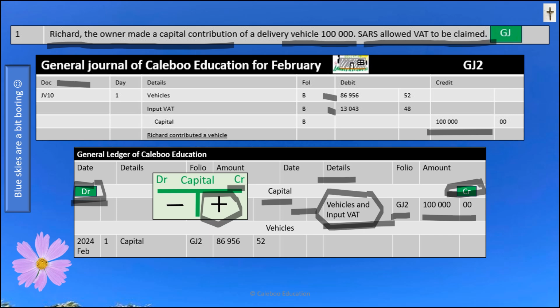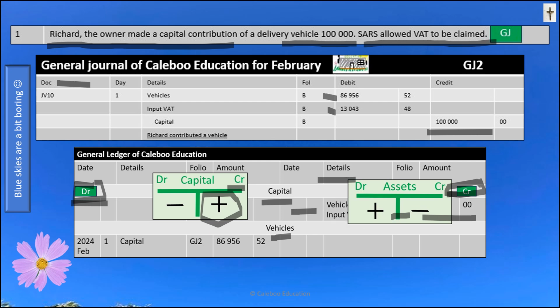Then the vehicles account was debited, and the reason being the value of the business's vehicles increased. So plus under A, the account according to the rules must be debited.